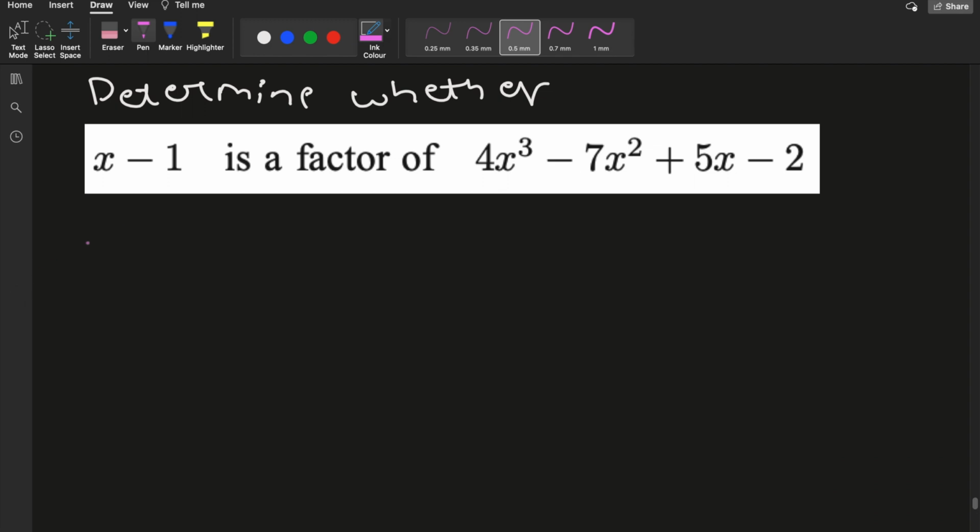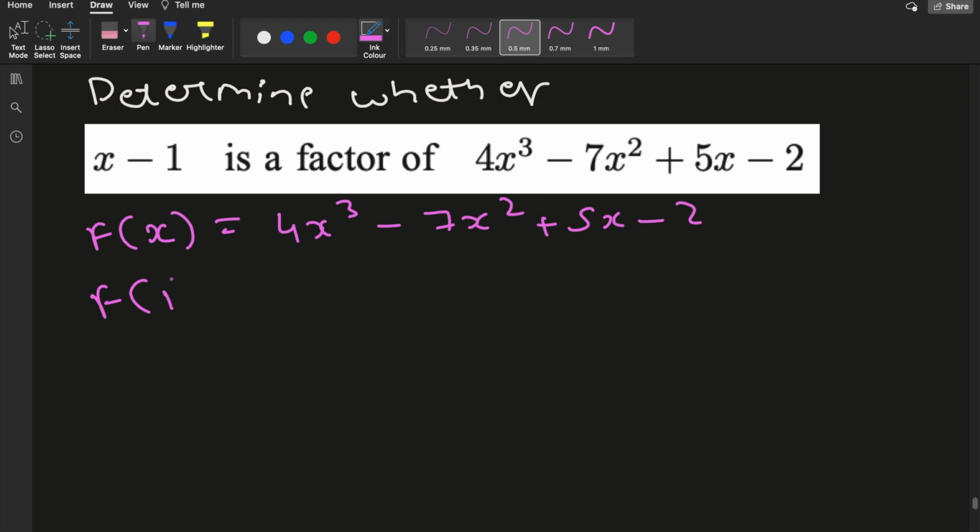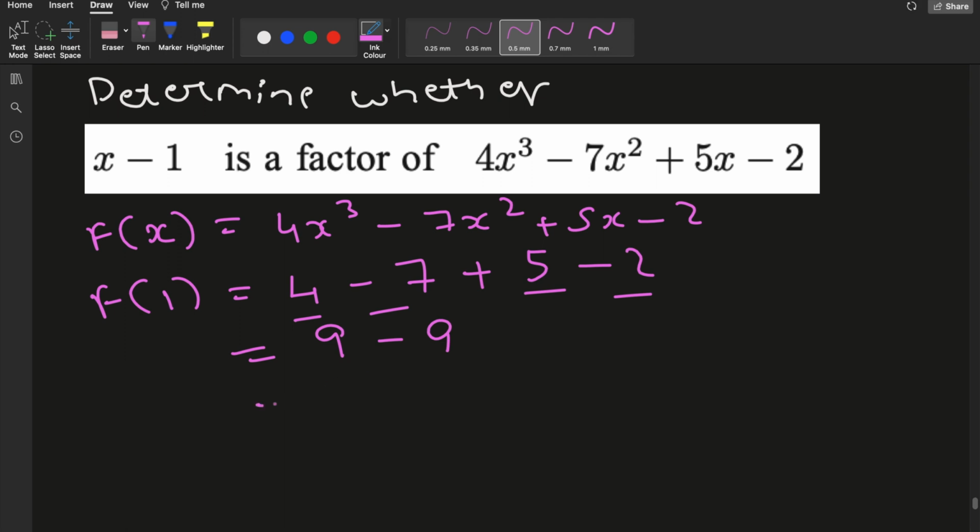Let f of x equal 4x cubed minus 7x squared plus 5x minus 2. If f of 1 equals 0, that means it is indeed a factor. So this is going to be 4 minus 7 plus 5 minus 2. So 4 plus 5 is 9, minus 7 minus 2 is minus 9. So this is 0. So it is a factor.